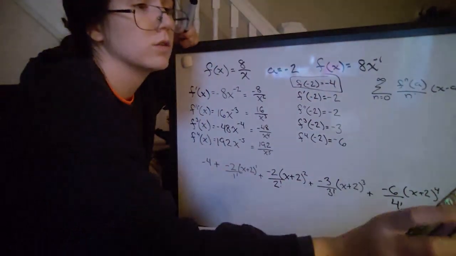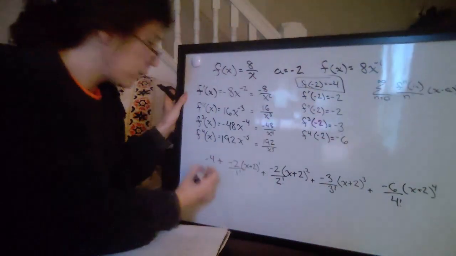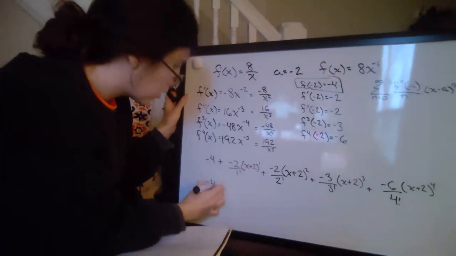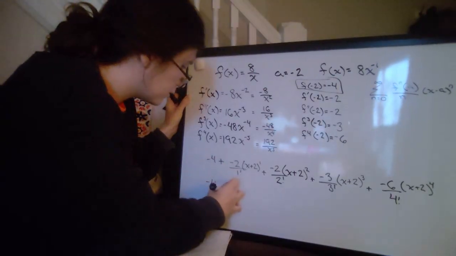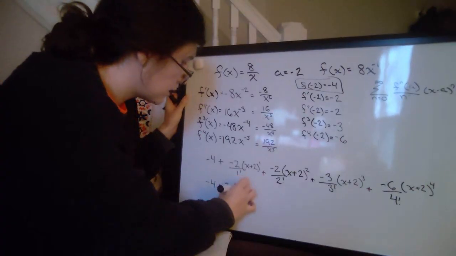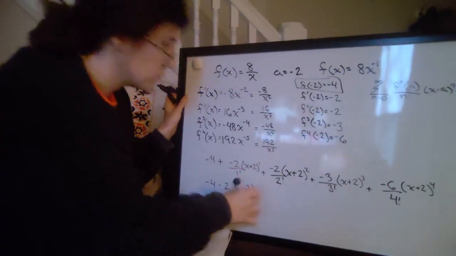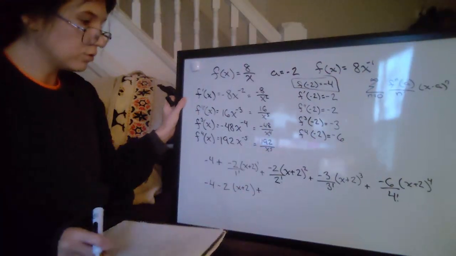I just want to check that you didn't. Okay. So -4 can't really do much there. This is just going to be -2 times x plus 2. And then we're going to say -2.